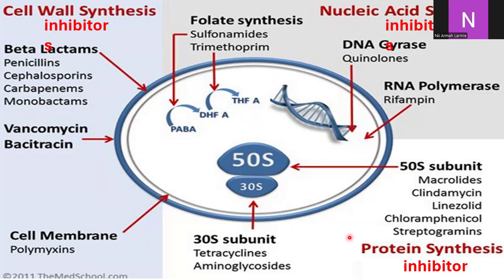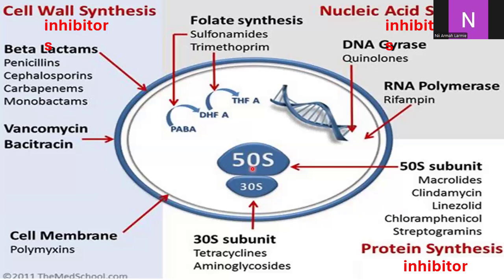Then we have the protein synthesis inhibitors. Bacteria uses this structure here, which is called the ribosome, for its protein synthesis. Now, there are two main components of the ribosome, the 50S subunit and the 30S subunit. Each subunit works hand in hand with the other to make protein synthesis. So the two must be functional to create your protein.